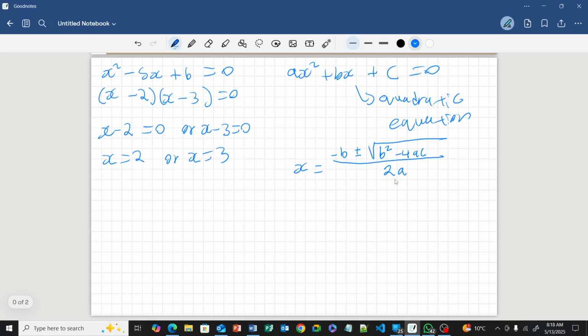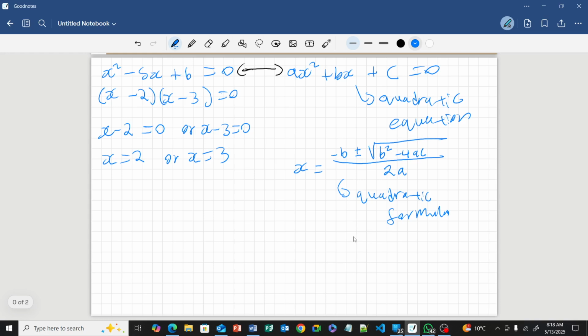And we call this the quadratic formula. Now, this is a formula. What you only need to do is to recognize, looking at the given equation and the standard one, what is the value of a?